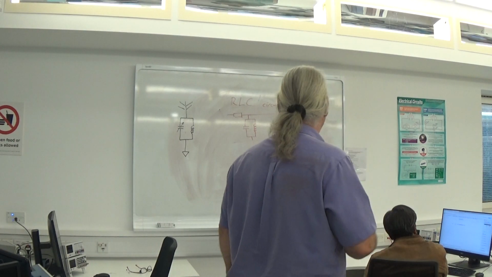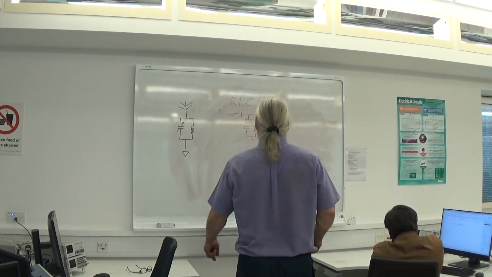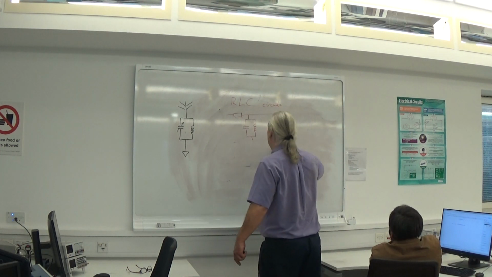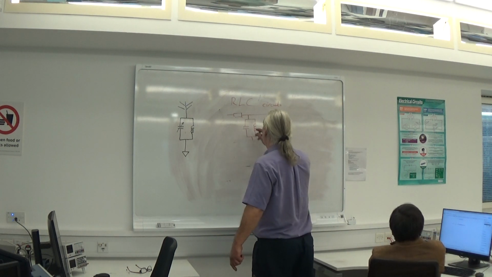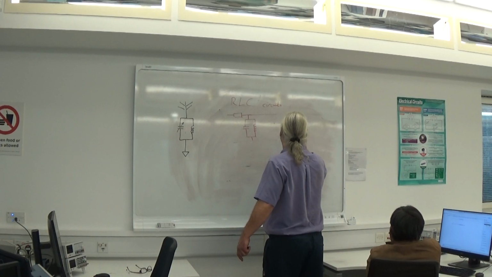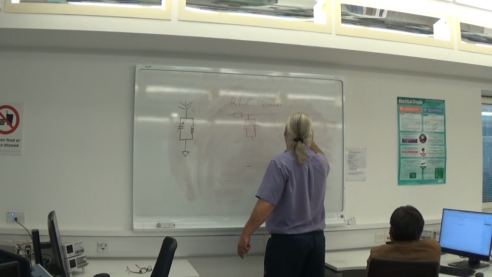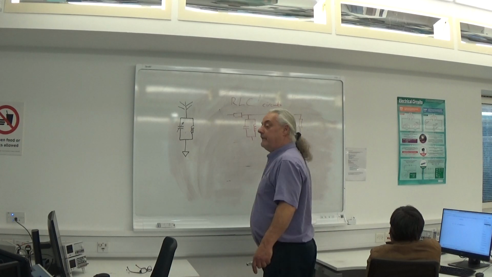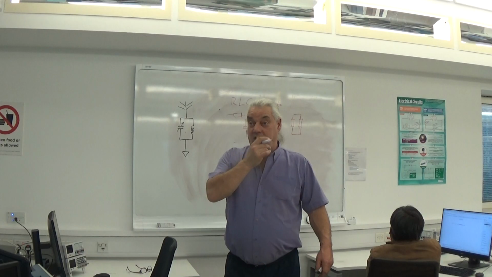And maths is nothing to be scared of as long as you stay within the realms of what you already know and then add a little bit on each time. You've got two components there in parallel. So if I did this and I said, what's the combined resistance of that? Probably 3/4 of you in the room would be able to do that, and the other quarter would probably find out from a Google search, right?